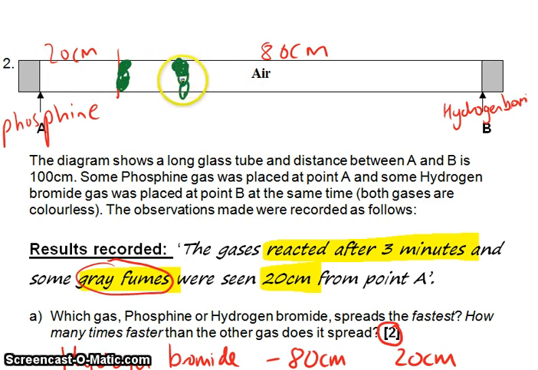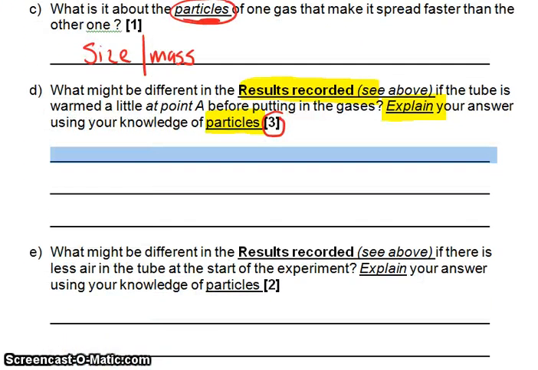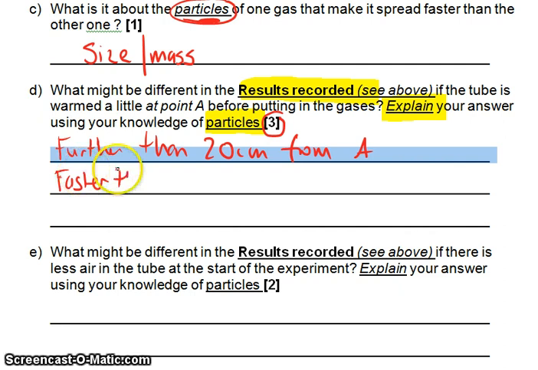Because they're moving faster, you should also get the reaction faster than 3 minutes. So 2 points to say about it: that it's going to be further than 20 centimetres from point A, and it's going to be faster than 3 minutes.